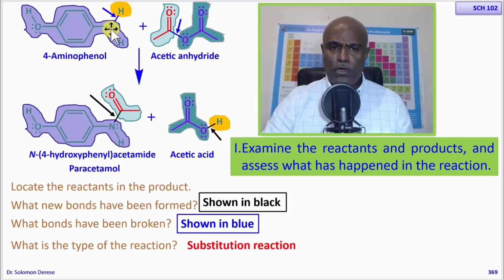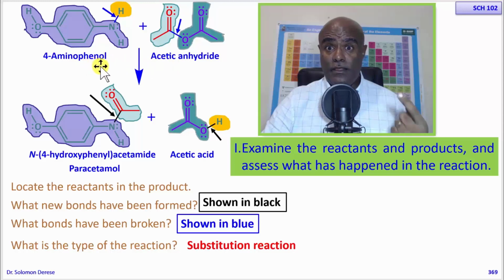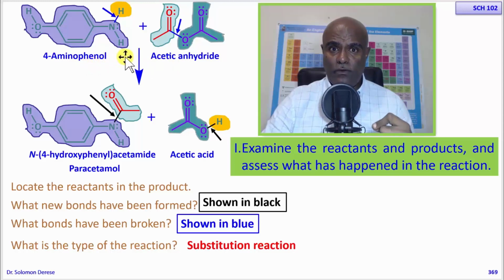To form the bond between this nitrogen and this carbon, is it the 4-aminophenol, or is it the acetic anhydride that acted as the nucleophile? Then if you can identify the nucleophile, the other one will be the electrophile. So this step is very, very important. I don't want you to waste your time drawing arrows which will take you nowhere.